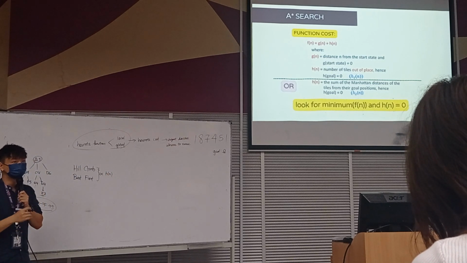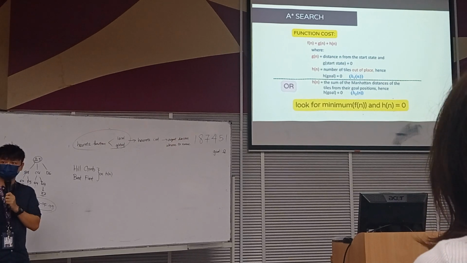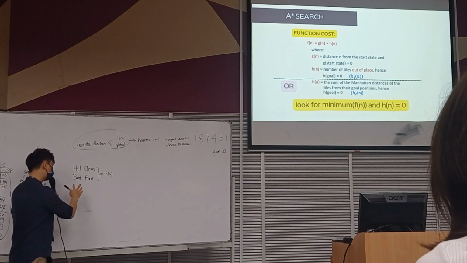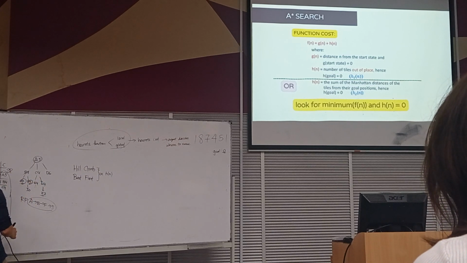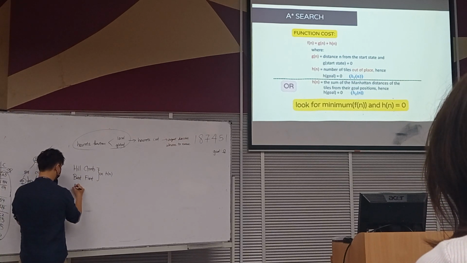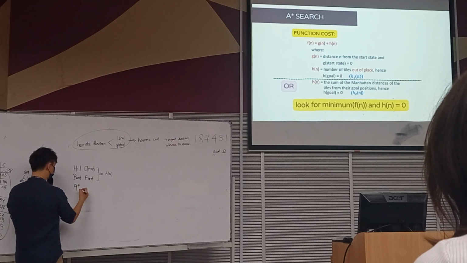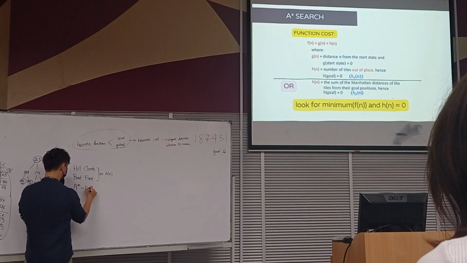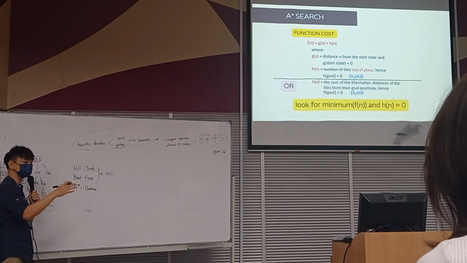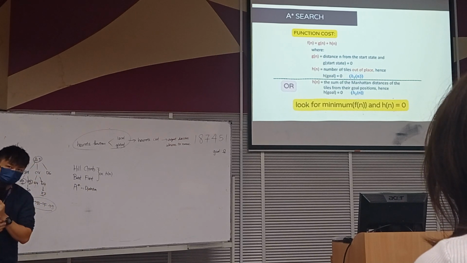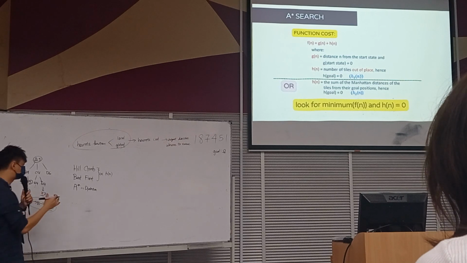Using hill climbing, you use the heuristic function to generate heuristic cost. Just now in this case, we also generate heuristic cost. But what is A star? A star is quite similar to one of the famous searches called Dijkstra, which is commonly used in search engines like Google Maps.